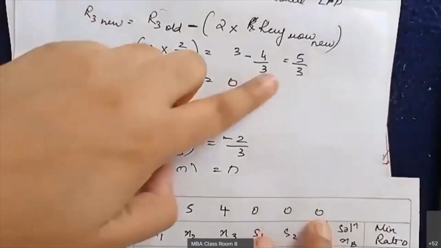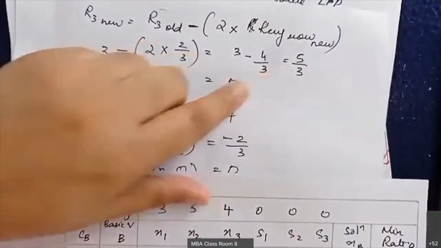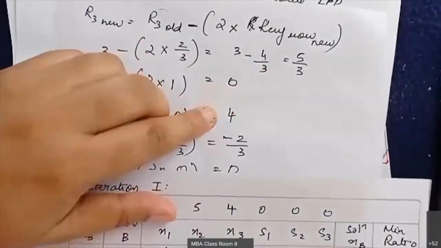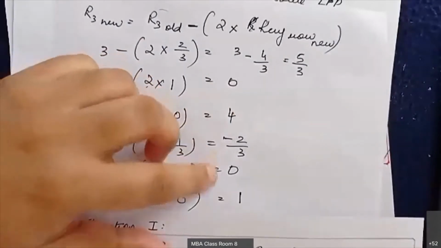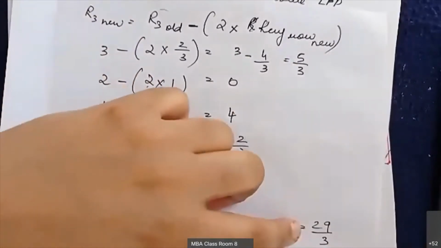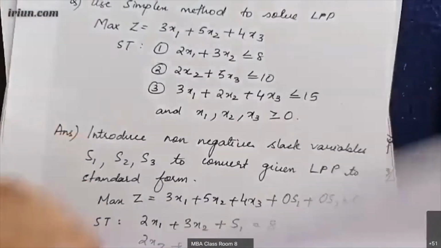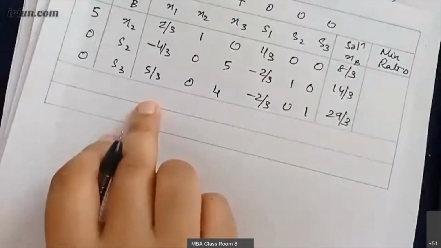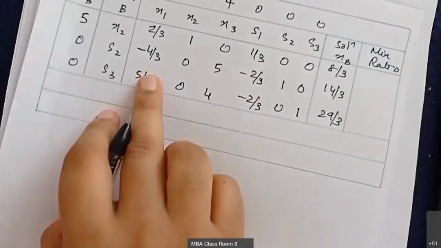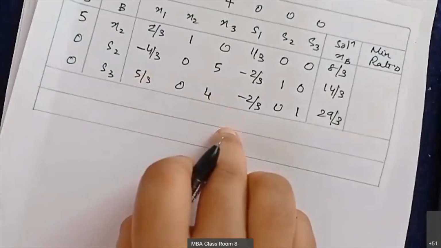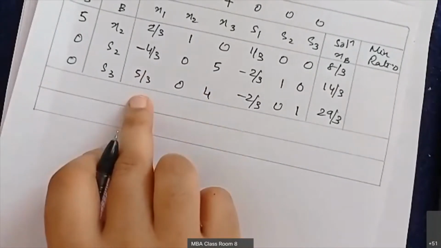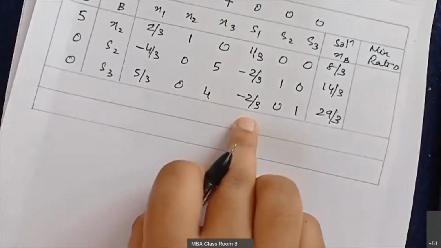Write down the values: 5 by 3, 0, 4, minus 2 by 3, 0, 1, and 29 divided by 3. Yeah, all the values are correct.